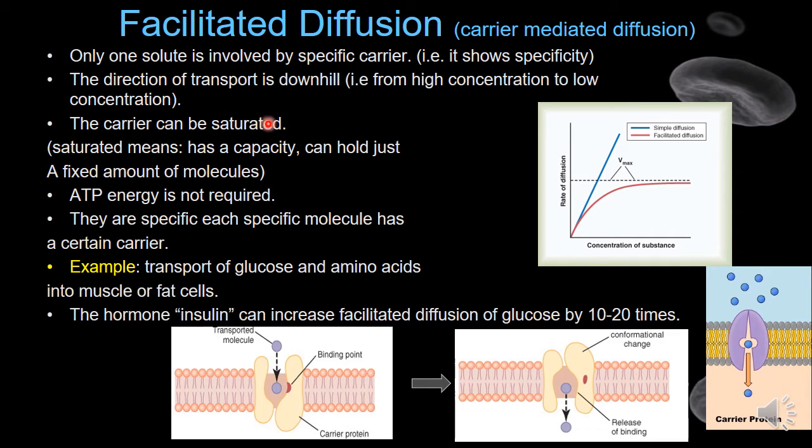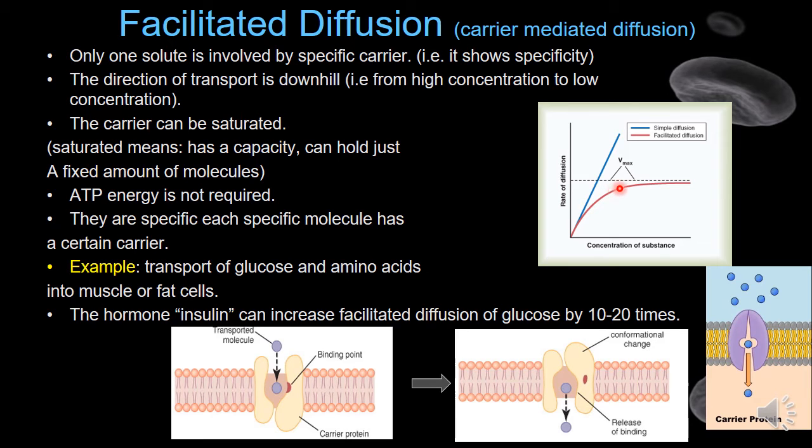So it needs a carrier protein. And these carriers, because they are protein, have a certain capacity. That's why they can be saturated. If you see this curve or diagram, this is simple diffusion. The concentration of the substance and the rate of diffusion are directly proportional.